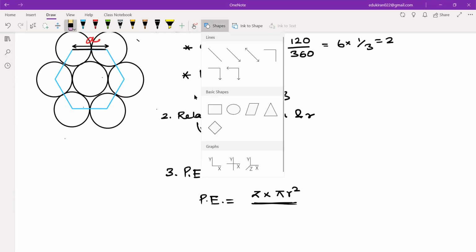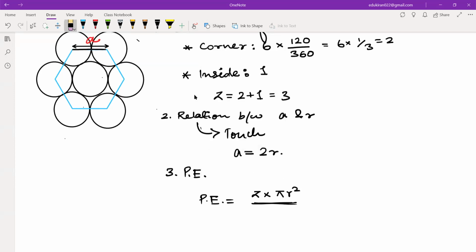But you are not bringing A into it. Listen, you will not be knowing the area of a hexagon. So rather what we will be doing, we will be distributing this hexagon into equilateral triangles, as you will see.